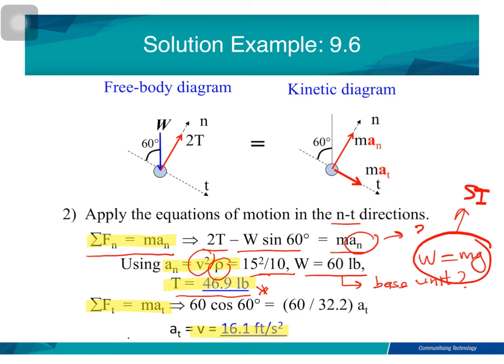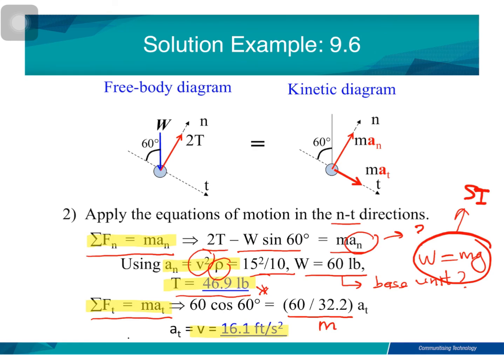Alright. Next, we need to get the speed. We use summation F_t is equal to m a_t. We need to resolve all the external forces in F_t. So here we have W cos 60 is equal to m a_t. Now we need to get m.